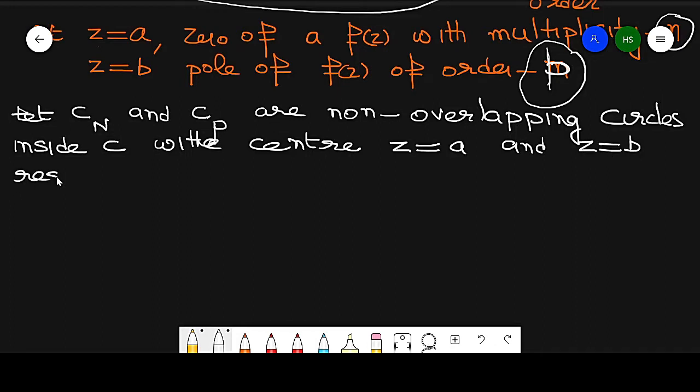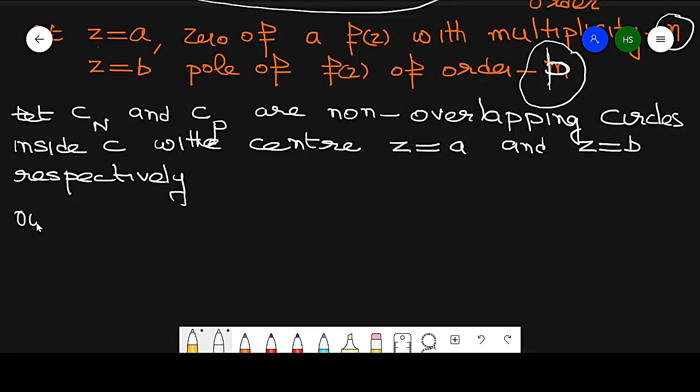So I take two circles: one is the circle with center a and the second is the circle with center b, and these are non-overlapping circles inside C.